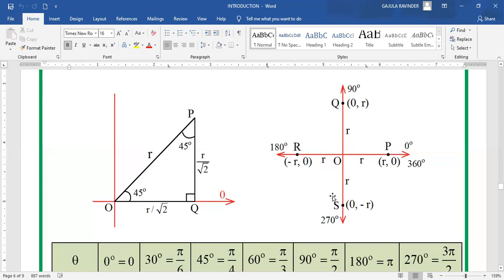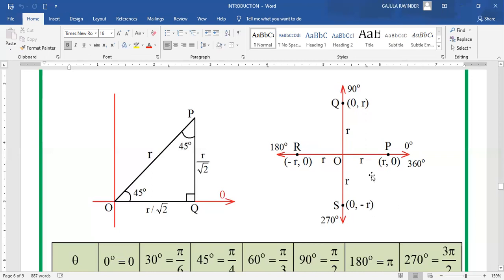Therefore, dear friends, this is the diagram for the trigonometric ratios of angles like 90 degrees, 180 degrees, 270 degrees, and 360 degrees will also be the same as 0 degrees, because terminal rays of 0 degrees and 360 degrees will be along the same direction. Therefore, the ratios of 0 degrees and 360 degrees will be the same, my dear friends.